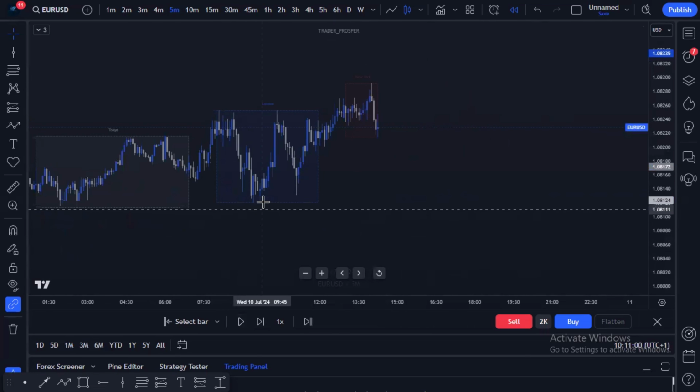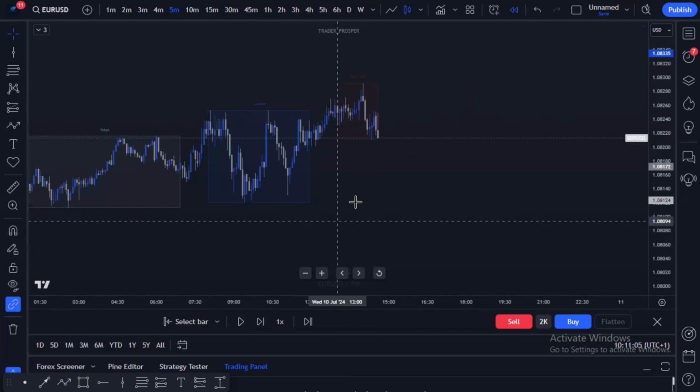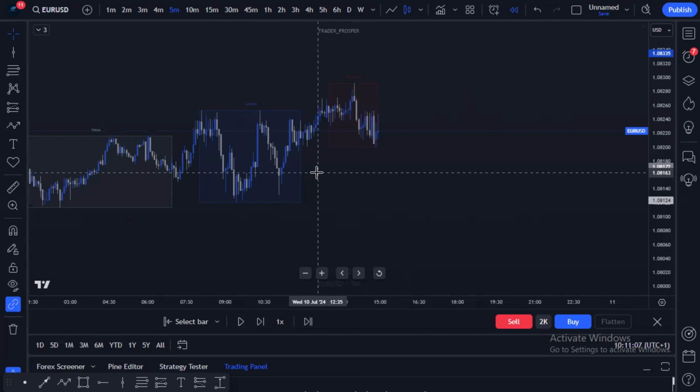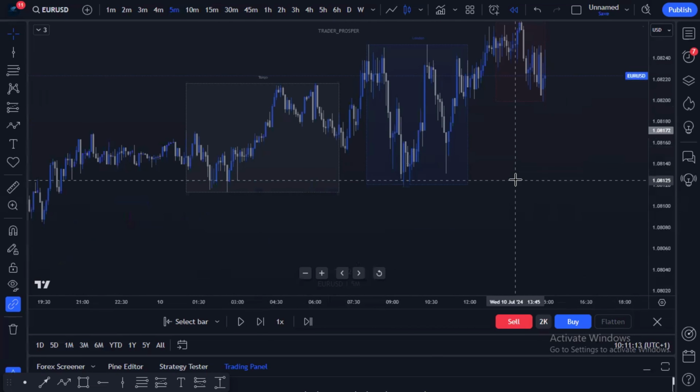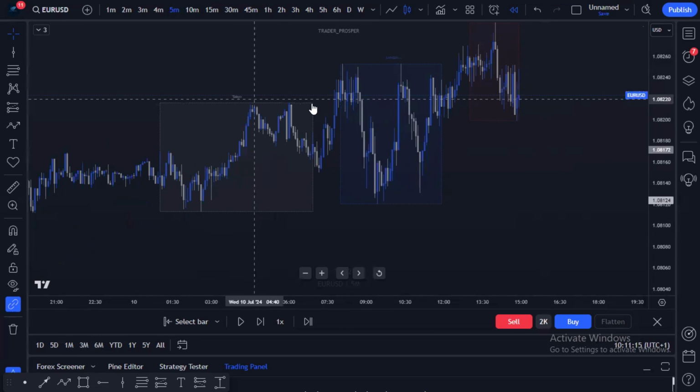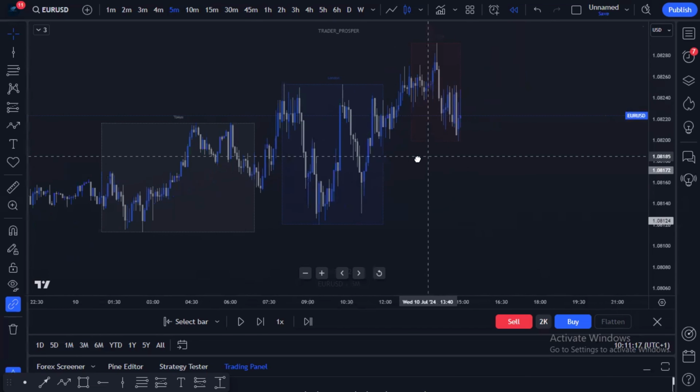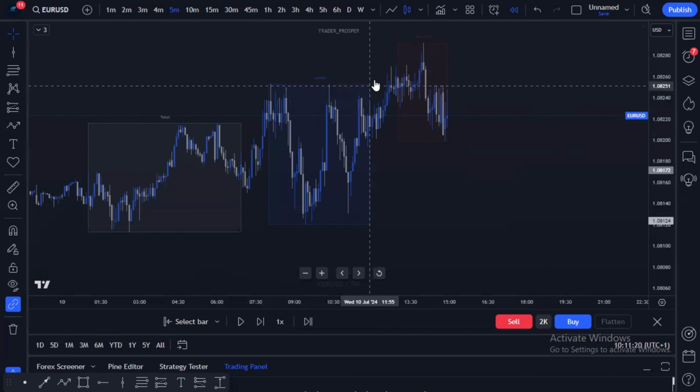All right, this was what happened on Wednesday. So Wednesday didn't give me any entry. Okay, actually Wednesday would give me an entry. I just saw something here. Now, remember I said the secondary structure. Price broke this point here, so take a look at this point, it created a BOS here.